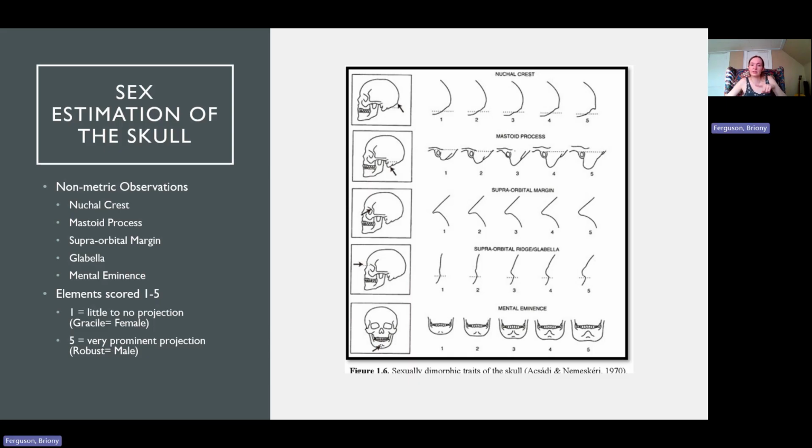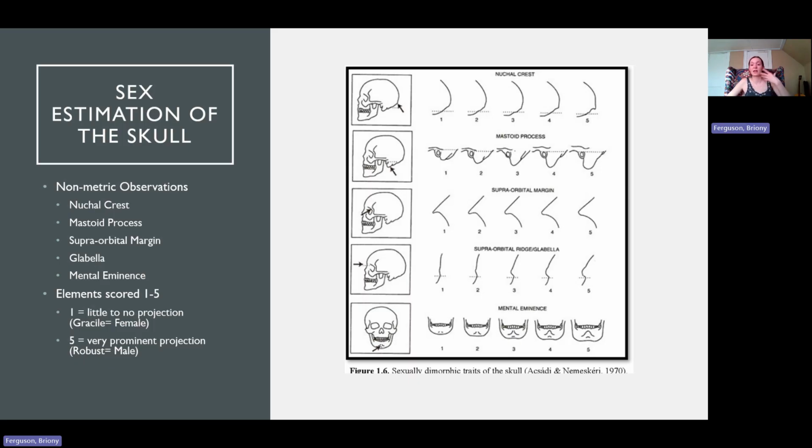But when we're scoring these, we are scoring from 1 to 5, with 1 meaning that there is little to no projection. This means that it's very gracile. That's how we describe that. Anything that is closer to 1 is going to be more likely to be female. Anything that's closer to 5 is going to be very prominent. There's going to be a lot of projection.